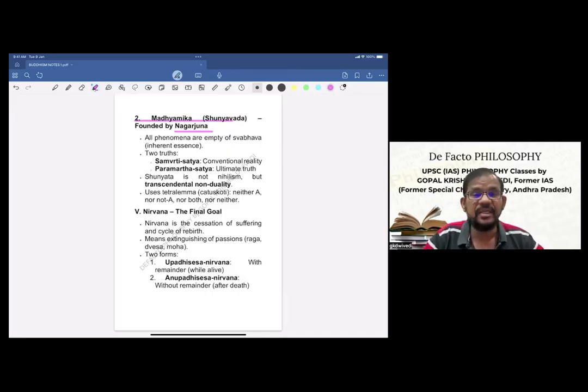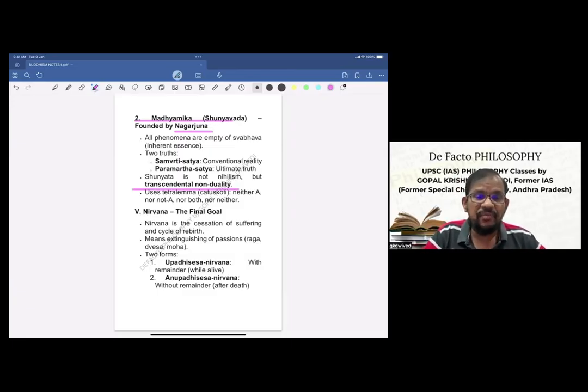This is the first point he makes. Second, there are two truths: Samrit Satya and Paramarth Satya. Samrit Satya is conventional reality, Paramarth Satya is ultimate truth. Then he has also given the doctrine of Sunyata. Sunyata is not nihilism, but transcendental non-duality. So this is what Nagarjuna says.